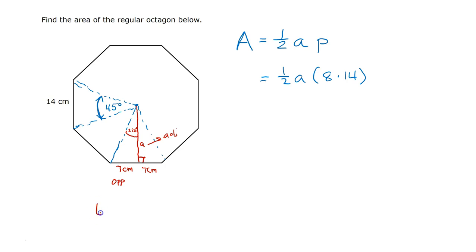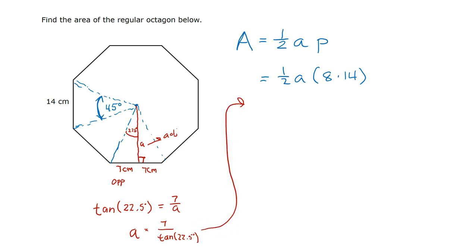So if I have the tangent of 22.5 degrees equaling 7 over A, that means that A is going to be 7 over the tangent of 22.5 degrees. So now I can come back up to here and finish off the question.